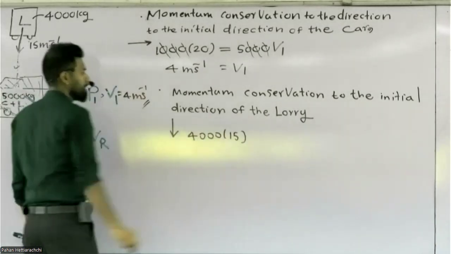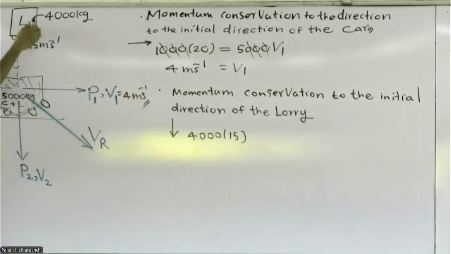4000 into 15. Mass is 4000, velocity is 15.